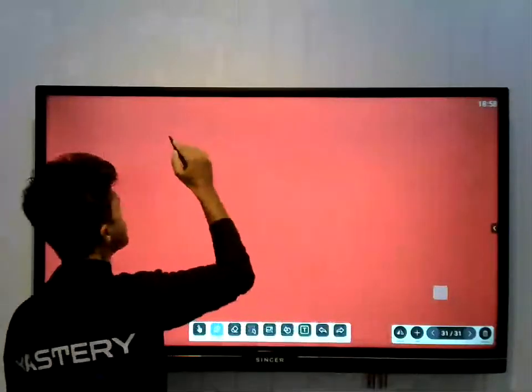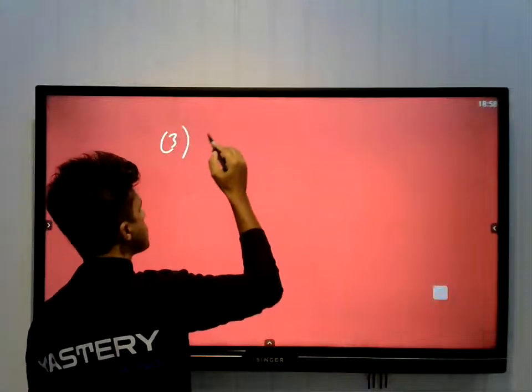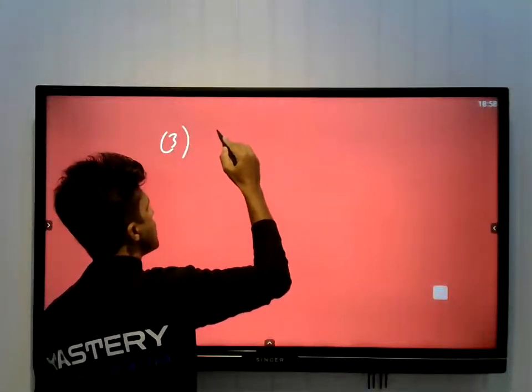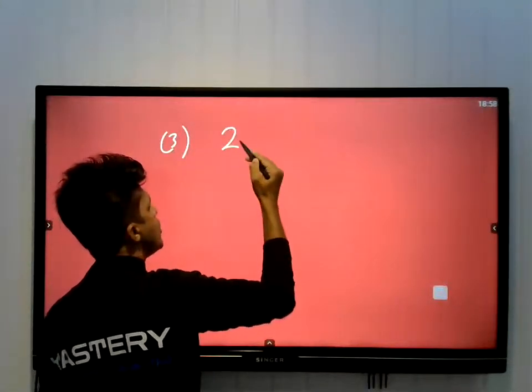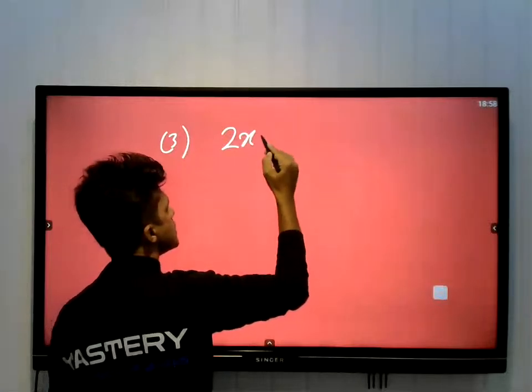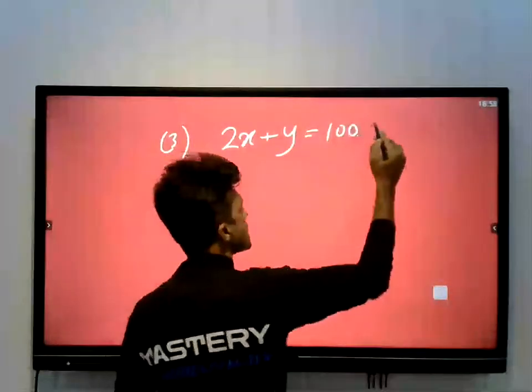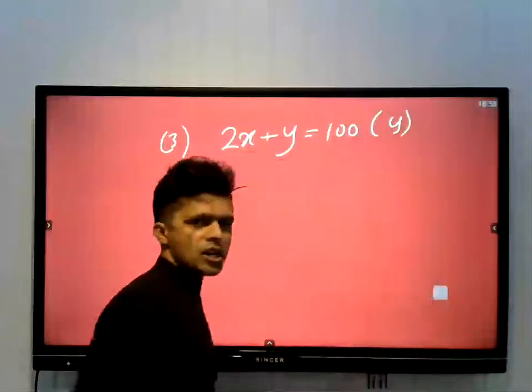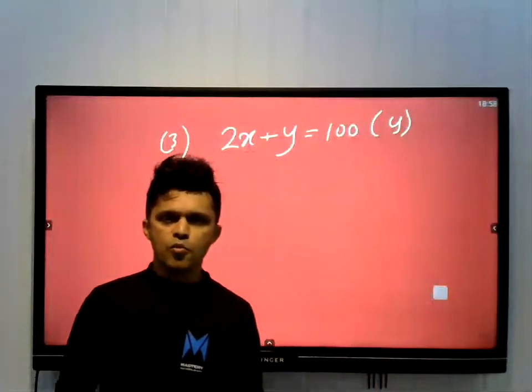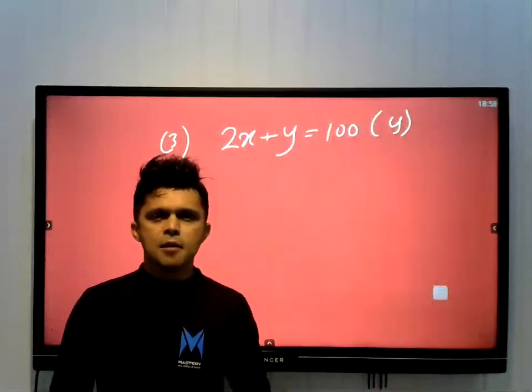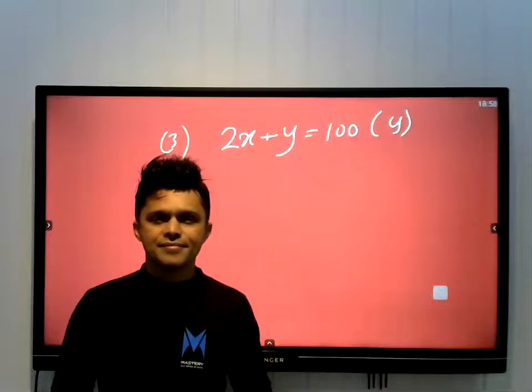So this one: 2x plus y equals 100. You need to write the term y as the subject. How can you write the term y as the subject of this formula?